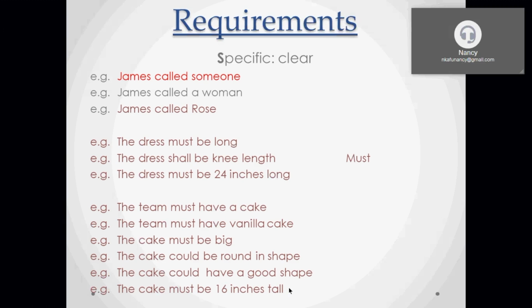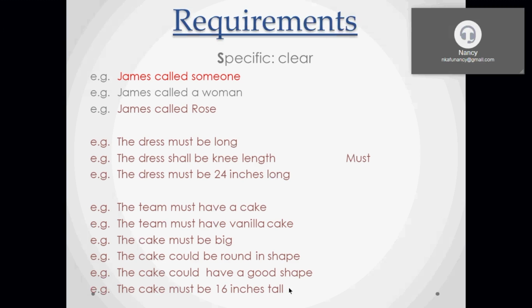Because if you tell a baker that, I'm having a birthday, I want to bake a cake for my daughter's birthday, and I want the cake to be big, that means the baker can bake you a cake of 12 inches, 16 inches, 24 inches, 30 inches. You understand? But they will ask you, how tall do you want? Is it 16 or 12 or 18? You understand? So you have to be specific. So 16 is the right way of writing it, saying the cake must be 16 inches tall.